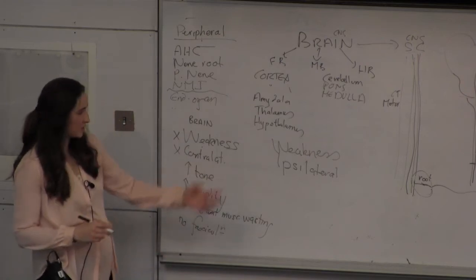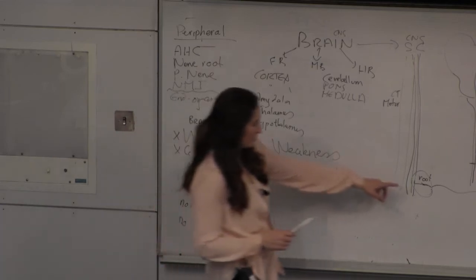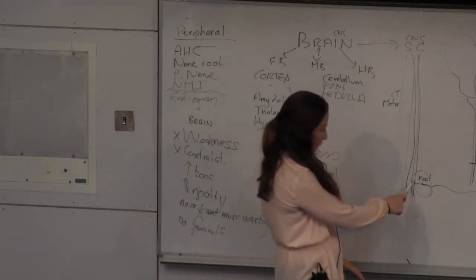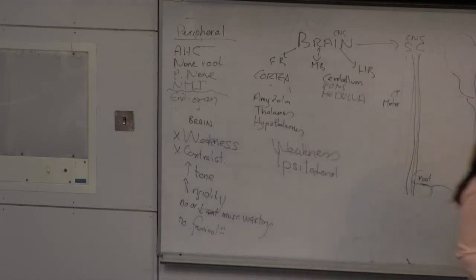Okay, what will happen to the tone and the rigidity? What we're talking about here is this corticospinal tract is the motor element of this reflex arc, yeah? That's what's been damaged. So this is our muscle.